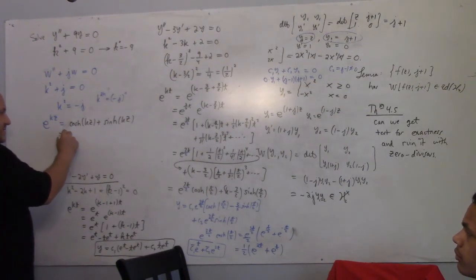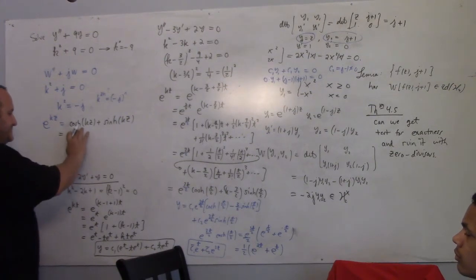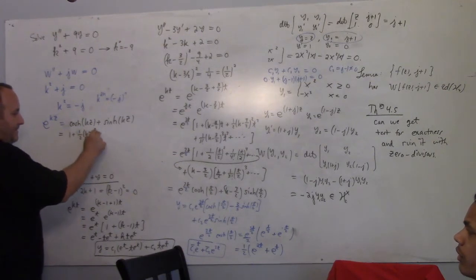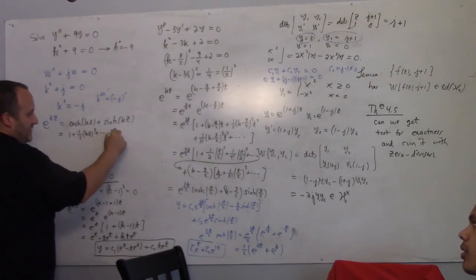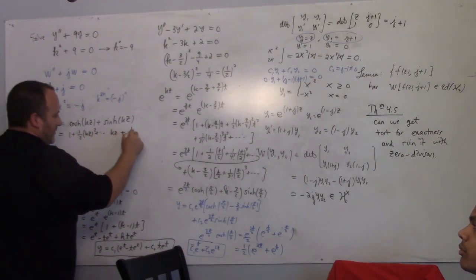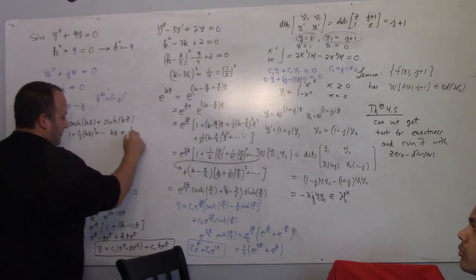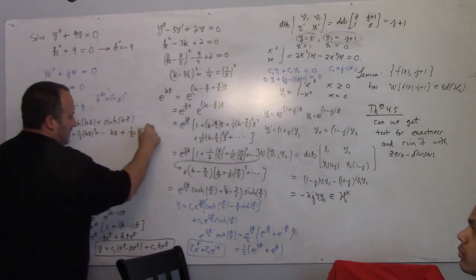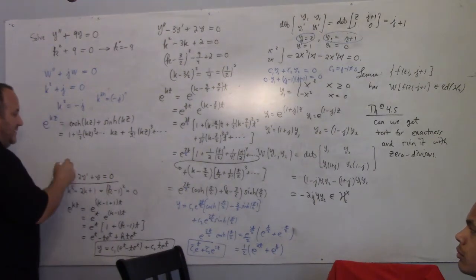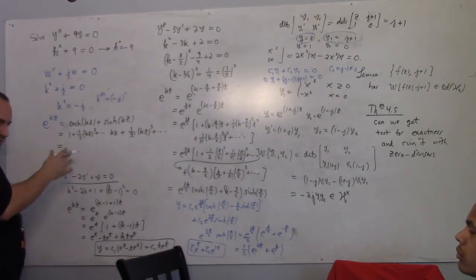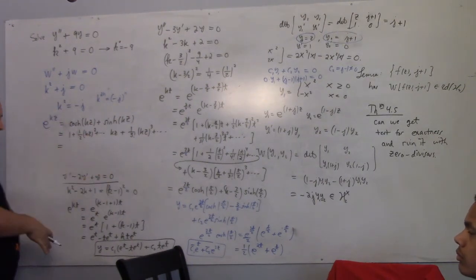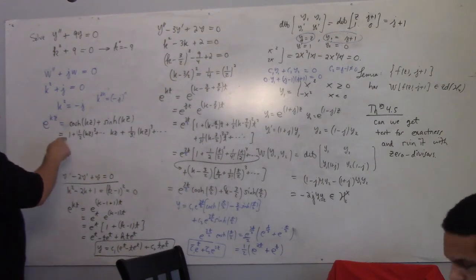So this is really 1 plus kz, 1/2 kz squared, right? Or that's minus j. Then kz plus 1 over 3 factorial kz cubed, higher order things. I just wanted to do that much to get the pattern rather than burdening myself with the full series. So what happens?